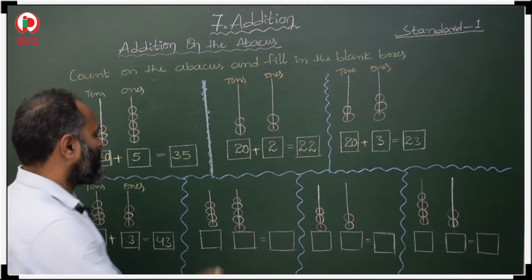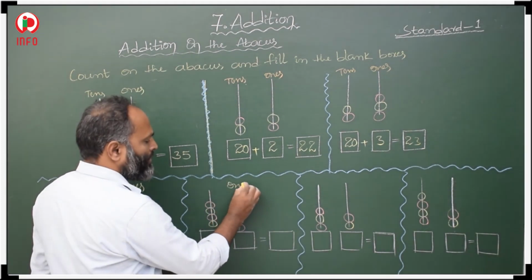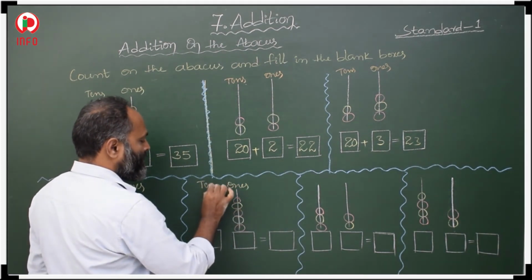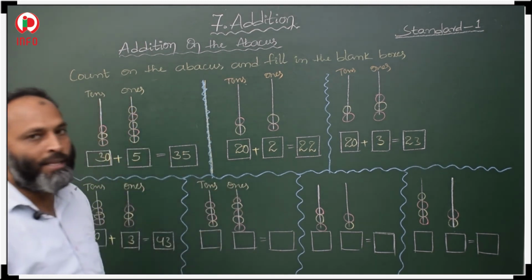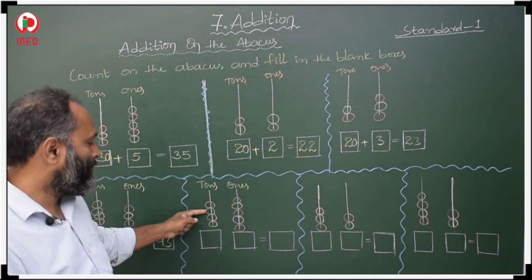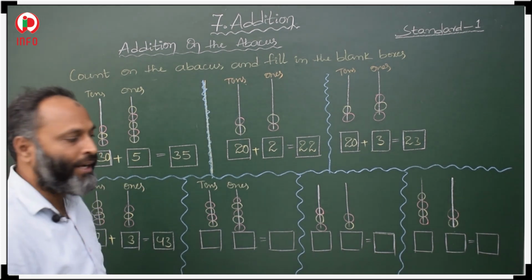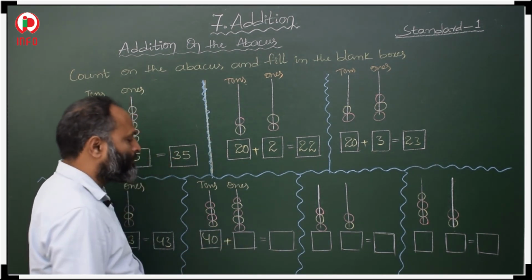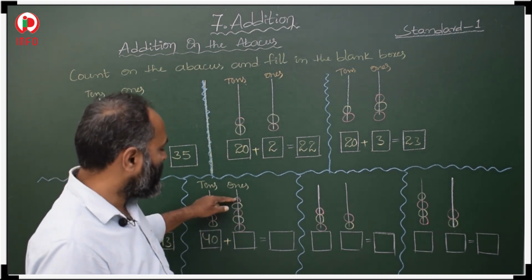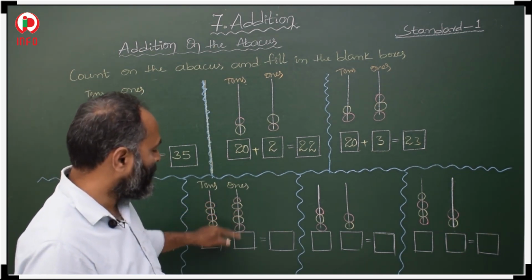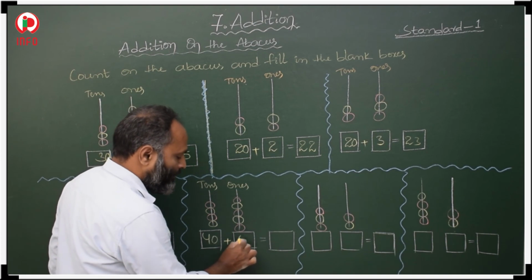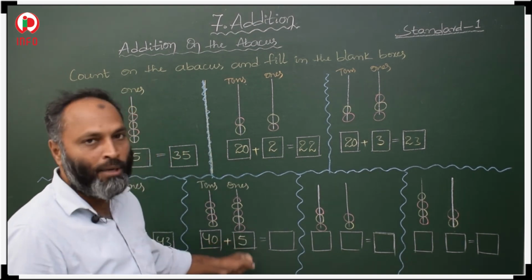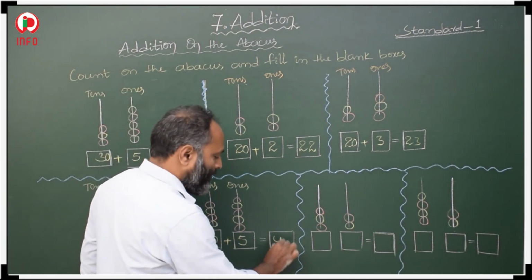Then here ones, here tens. How many tens are there here? Count: 1, 2, 3, 4. 4 tens means 40, plus how many ones are there here? 1, 2, 3, 4, 5. 5 ones. 40 plus 5, 45.